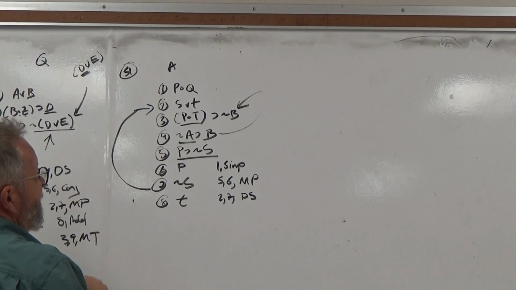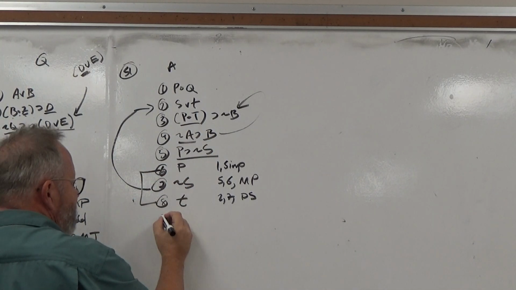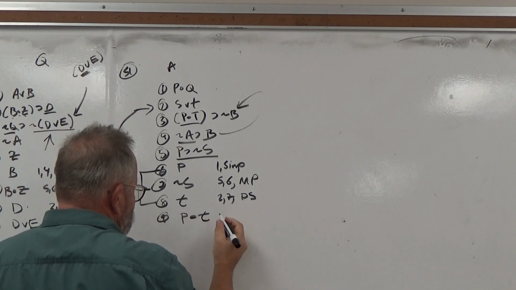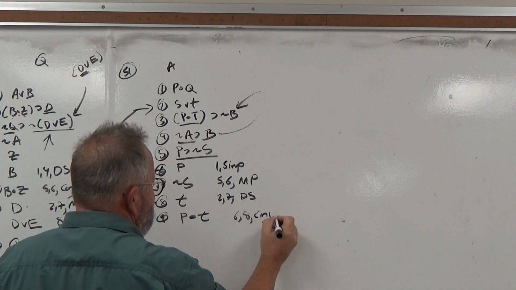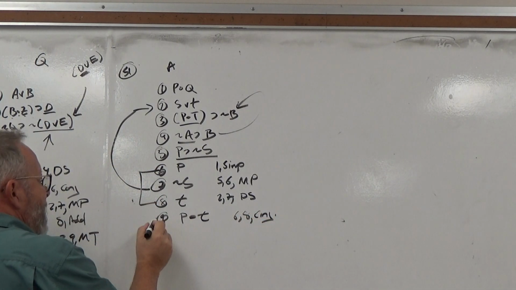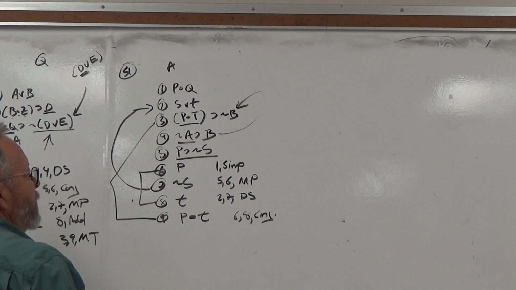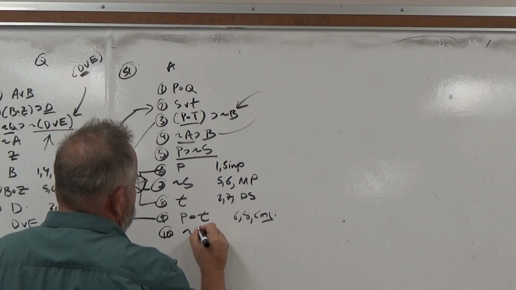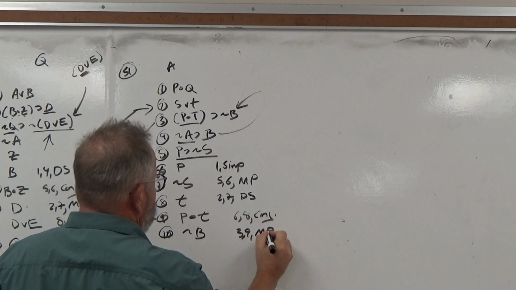Okay. So now I have a P and a T on 6 and 8. I just need to put them together. P and T, and that's from 6 and 8, conjunction. That lets me do a modus ponens with 3 and 9, and that gets me not B, 3, 9, modus ponens.